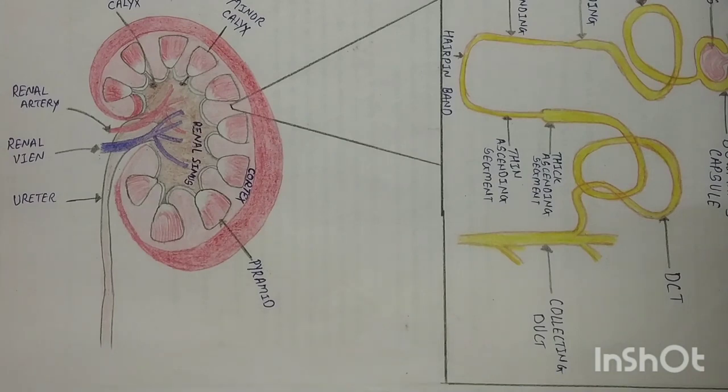The main function of the kidney is the excretion of unwanted substances from the blood.